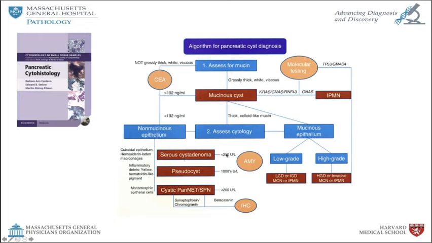And does our biochemical testing support that? Amylase less than 250 and a low CEA. Again, we're already at a low CEA right here down this line.